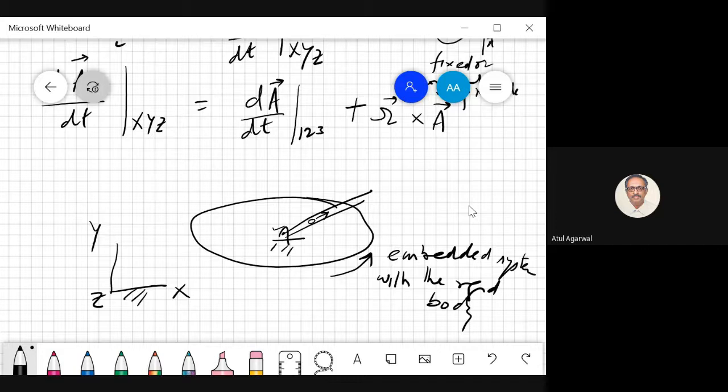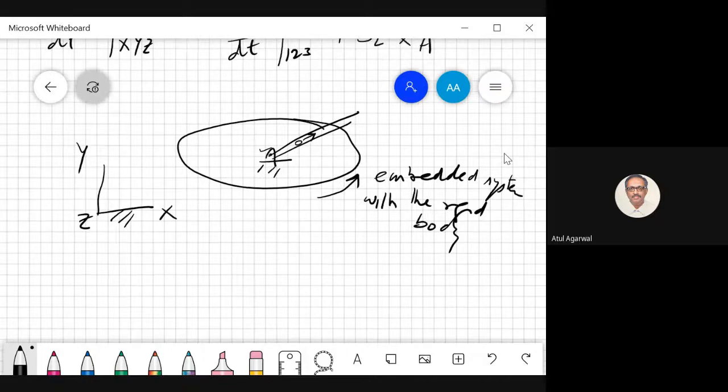So in this system, this vector may have some variation, plus variation with respect to this system because of rotation of this coordinate system. Okay. Now we have a body. It has a center of mass.